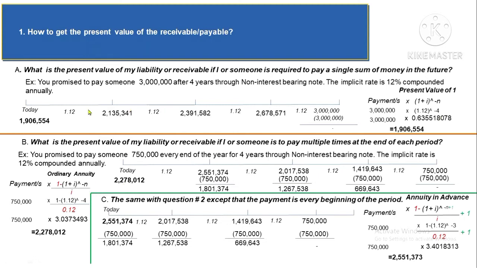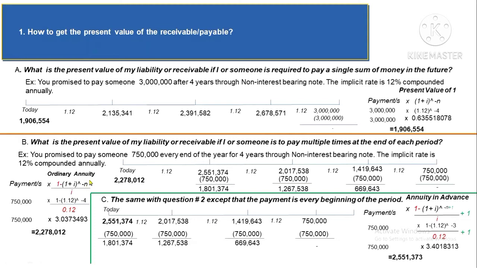So in here, if you wanted to get the 1,906, you use negative 4, right? But since you wanted to get this one, then you're going to revise this n. It will become 2. Because from the maturity date, you need only to go back 2 years because you want to get the 2,391,582. The same with this one. If you wanted to have the 1,267,538, again, you revise the negative 4 into negative 2.